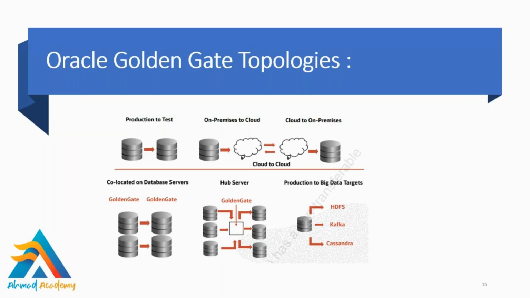GoldenGate installed and co-located on the source or target database server. GoldenGate installed on a hub server running remote from the source or target database. GoldenGate capturing changes from a relational database and delivering them to big data targets. So these are the topologies available in Oracle GoldenGate.